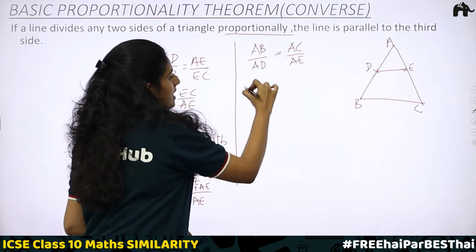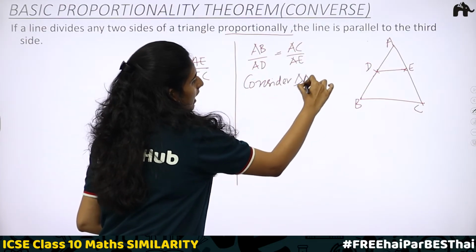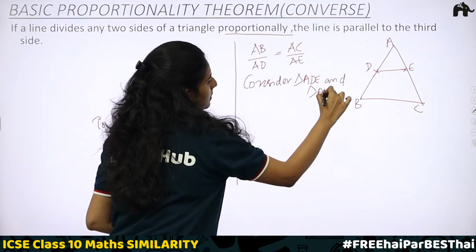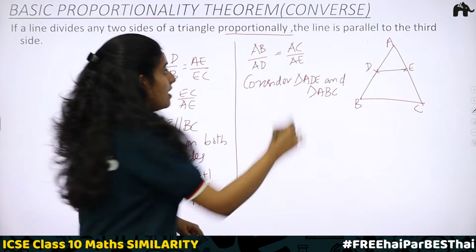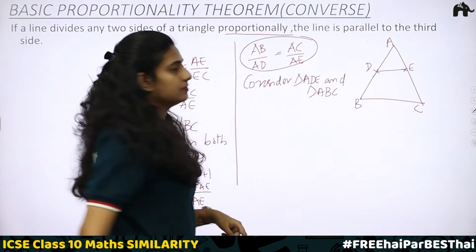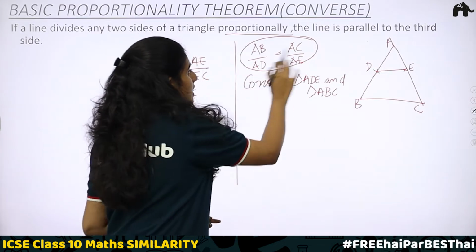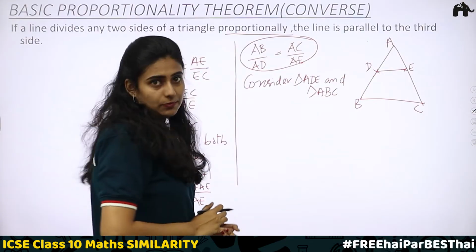So, here if you are considering two triangles, consider triangle ADE and triangle ABC. Let's see if they are similar or not. Here, when you get this can be used for SAS property. Yes, we have the corresponding sides, the ratio of the corresponding sides equal.